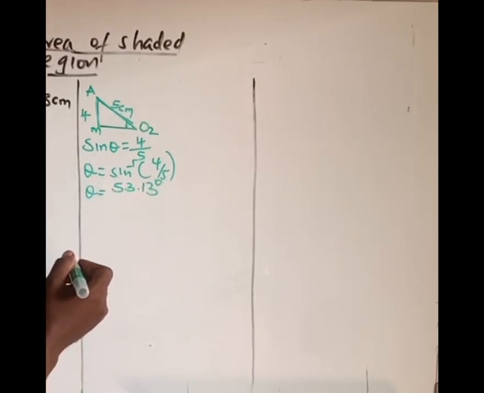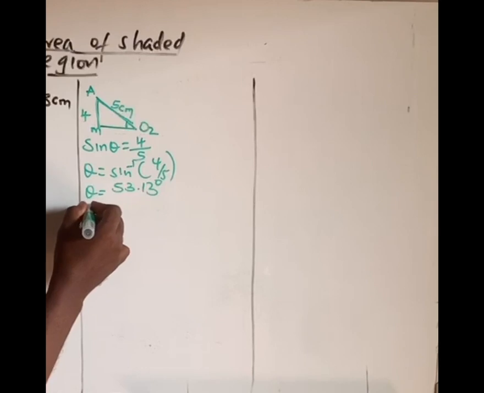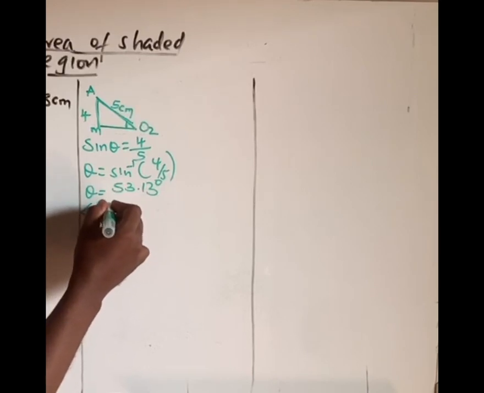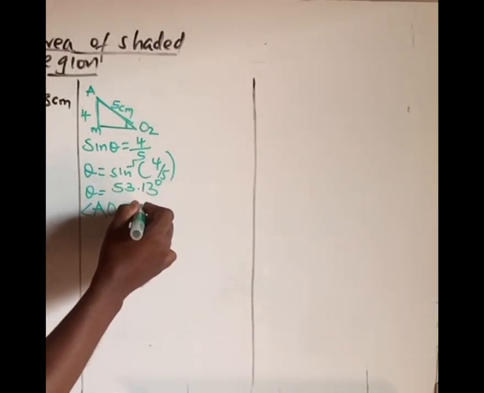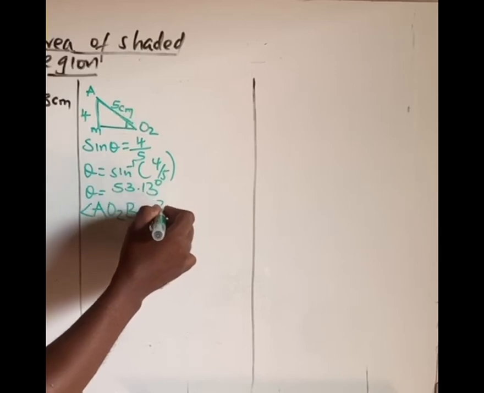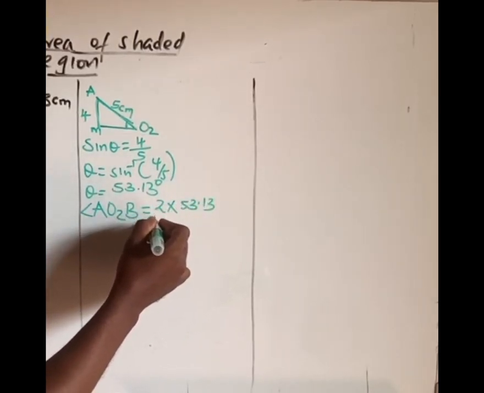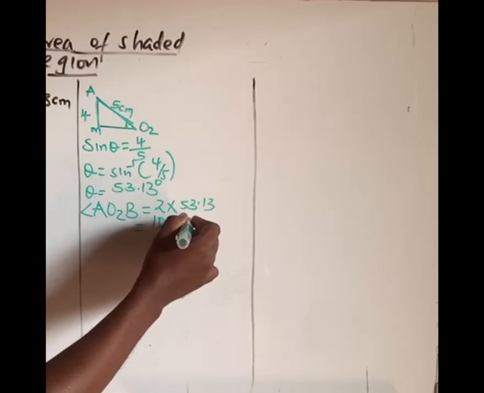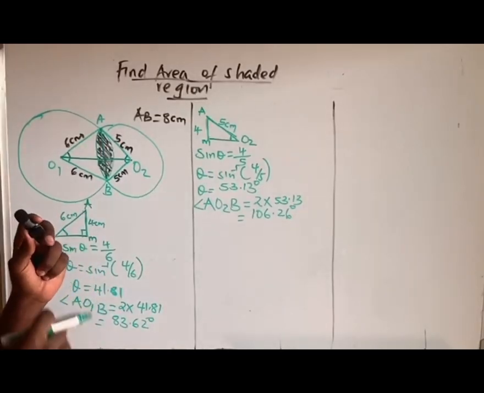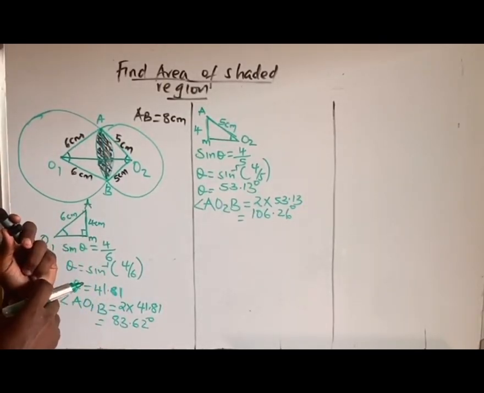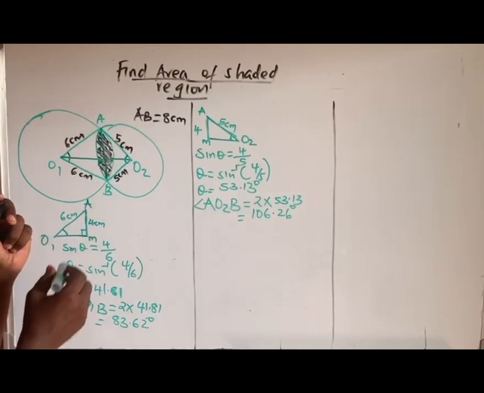But the angle we want is the angle subtended at the center, which is angle AO2B, and that is twice 53.13, which gives us 106.26.